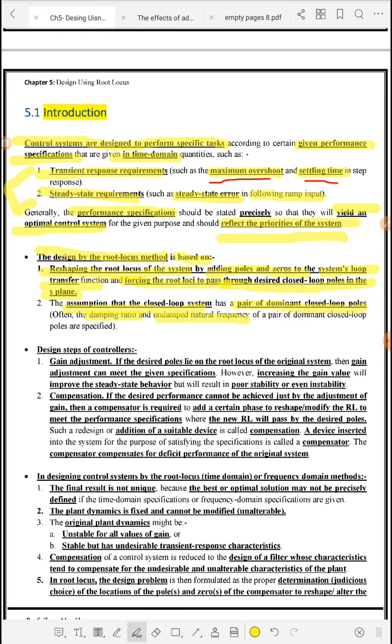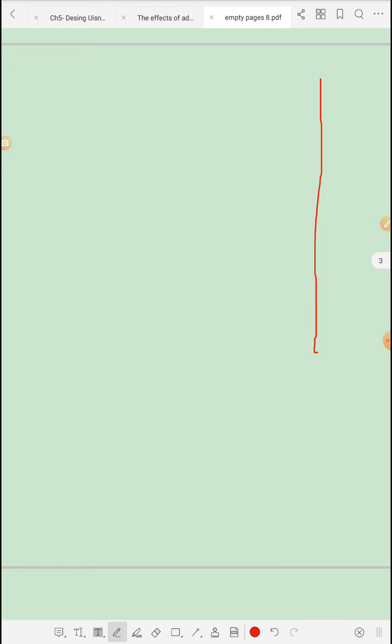So in order to clarify what is meant by dominant closed loop poles, let us have this empty page and assume that we have a system, and we will specify the closed loop poles of the system, or the roots of the characteristic equation, in this S-plane.